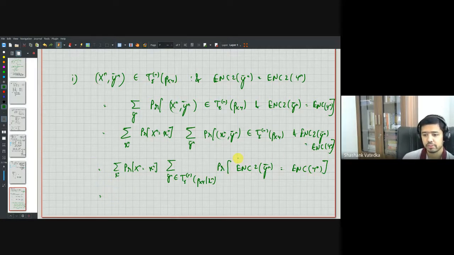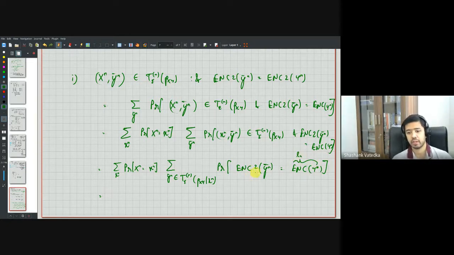But what is this probability equal to? You fix any particular sequence. Note that this is a sequence of length ln, and the code words for each yn bar are drawn uniformly at random.